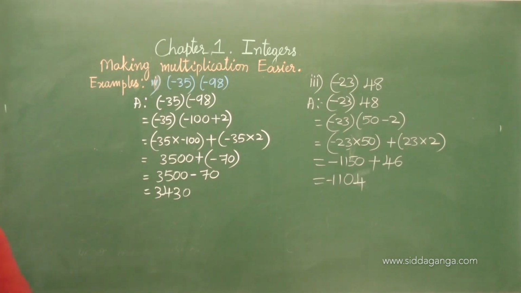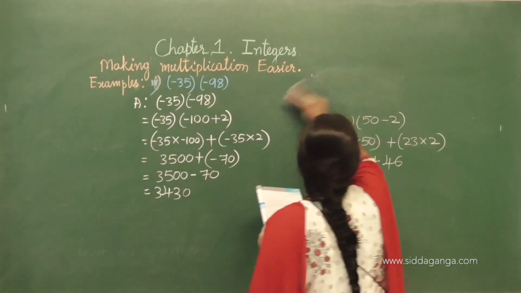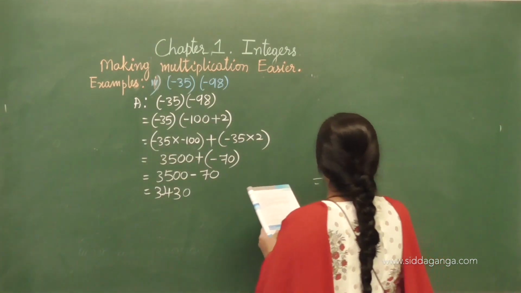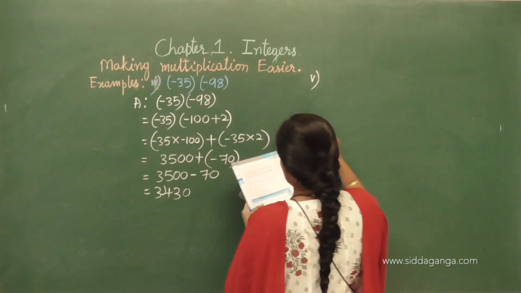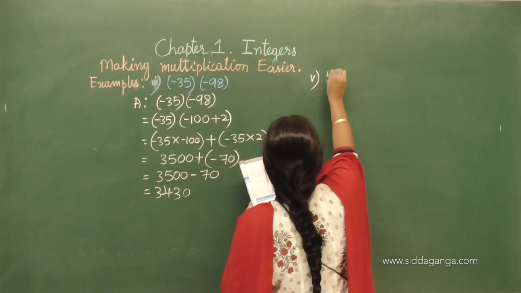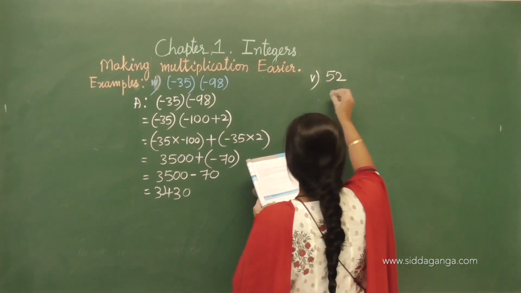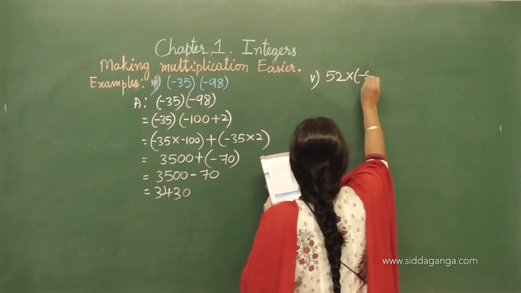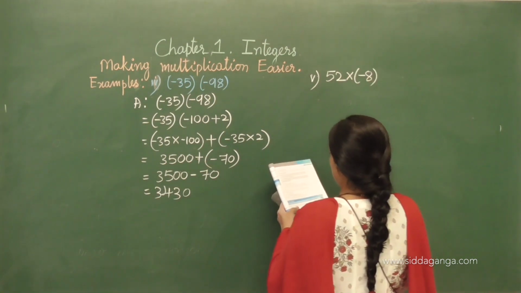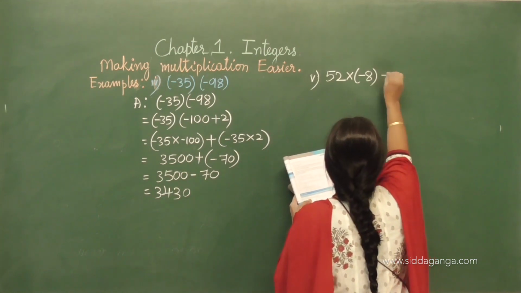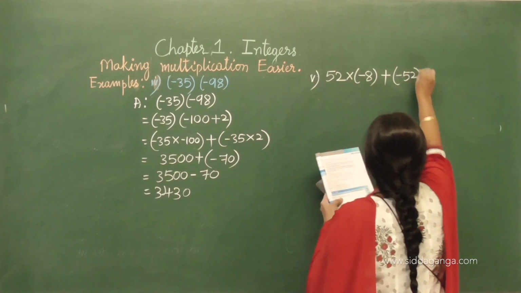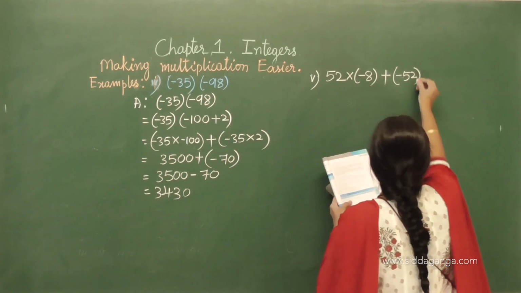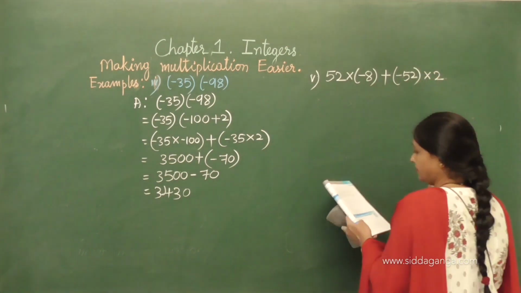Then the last one is the fifth one: 52 into minus 8 plus minus 52 into 2.